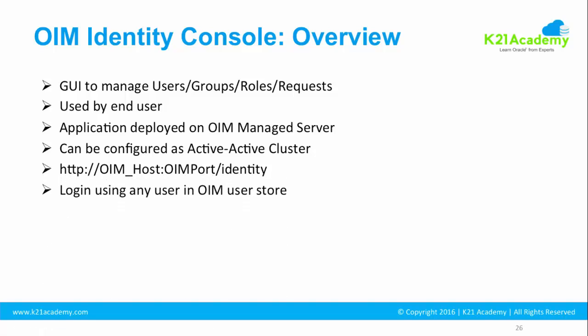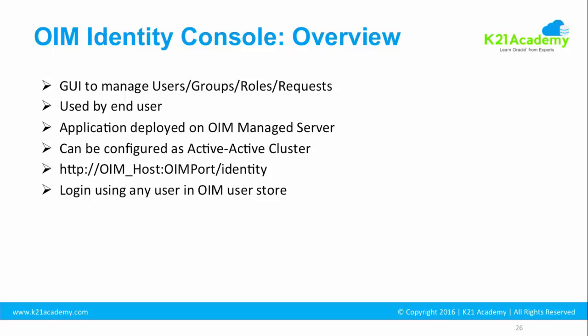Now, in order to log in to Oracle Identity Manager, you have to have a user inside the USR table. There's a schema which is your prefix underscore OIM, and in that schema there is a table called USR, and your user should exist in that table.